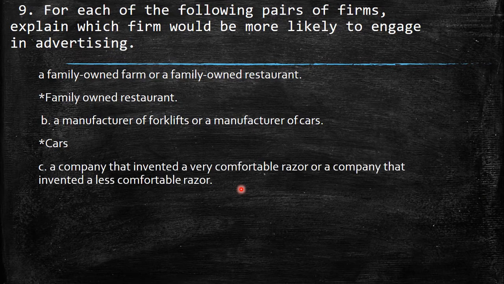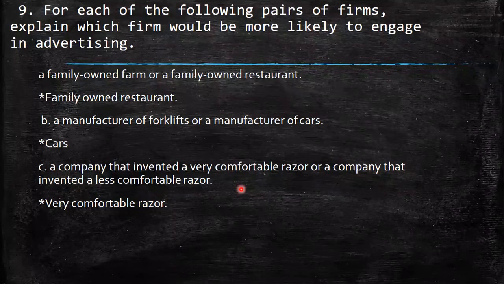A company that invented a very comfortable razor, or a company that invented a less comfortable razor. This is a very important part that is discussed throughout the chapter. When you see a product on TV, it is automatically appealing, and you infer in some way that if they invest a lot of money in that product, it should be okay.